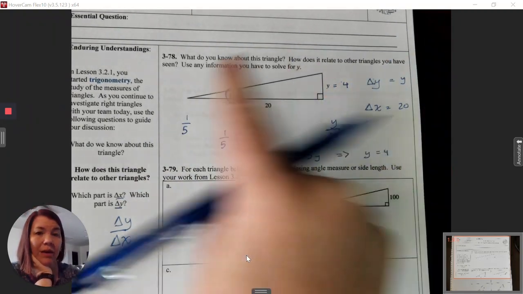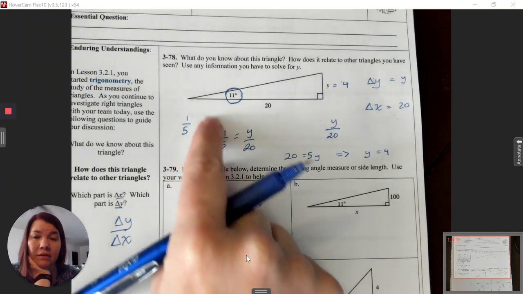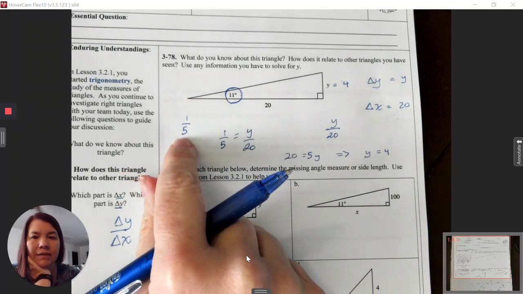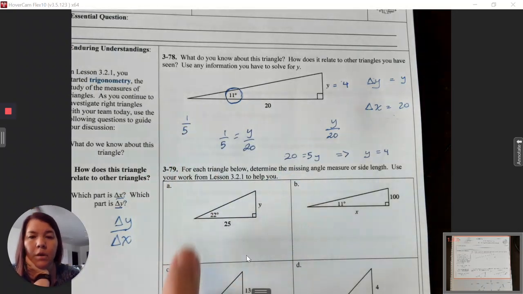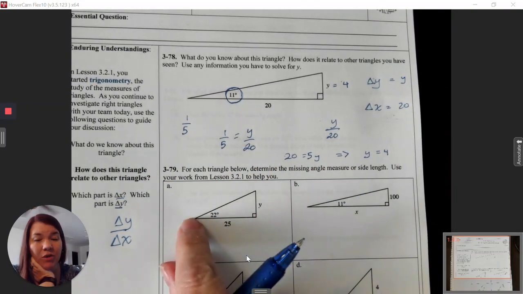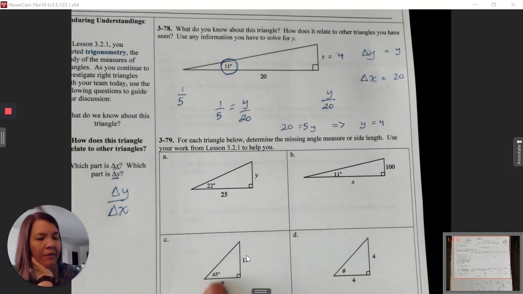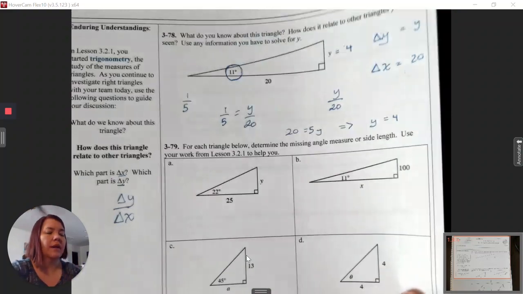And again, I'm using that information from yesterday, this 1/5 from class, to help me remember that. Okay, so again, looking at this, we've got 11 degrees right here. We got 22. I don't know if you remember what happened with 22. We've got a 45-degree angle right here. We'll come back to that one.